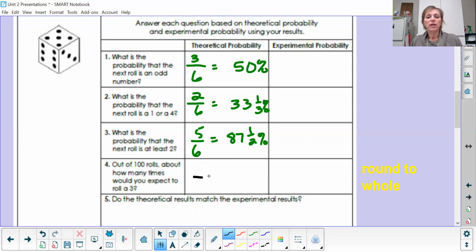So I'm going to make a fraction here. Okay, out of 100 rolls. So over here, this is out of 6, and there's only one 3, but I want to know how many times would that translate to 100 rolls. So I'm going to write 100 under there.